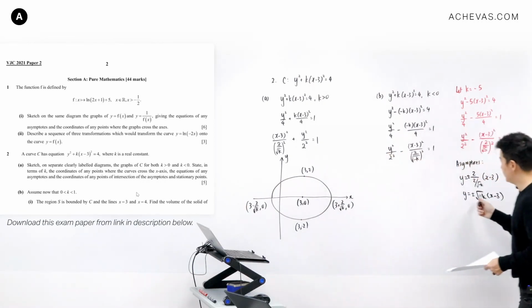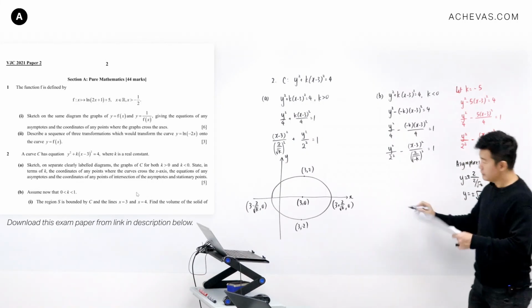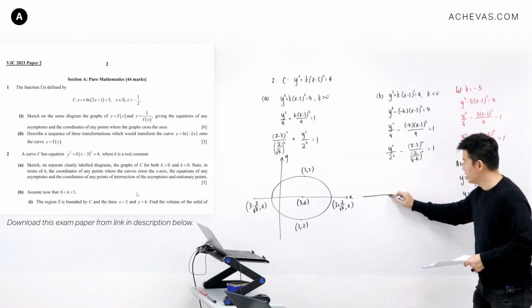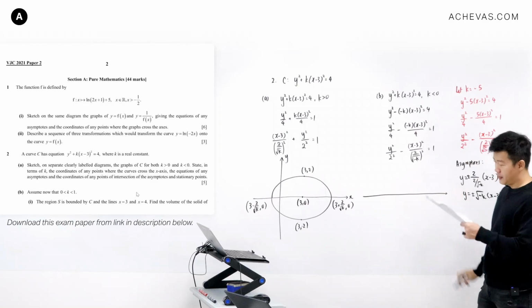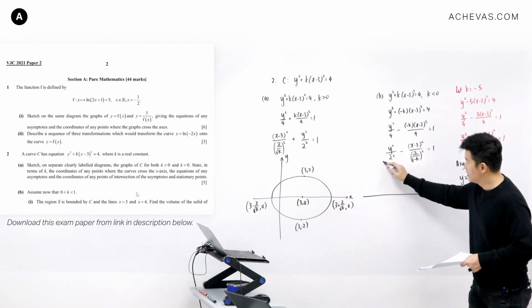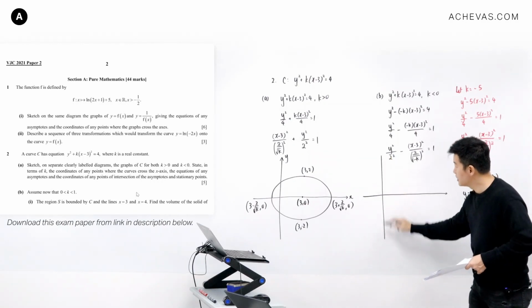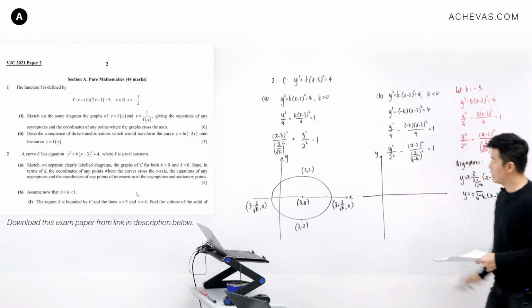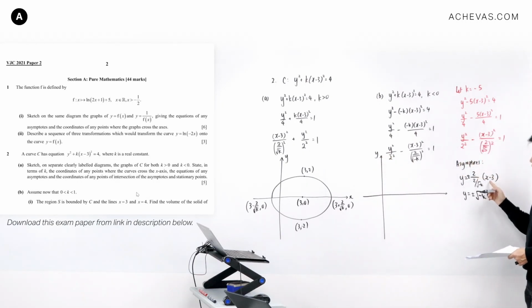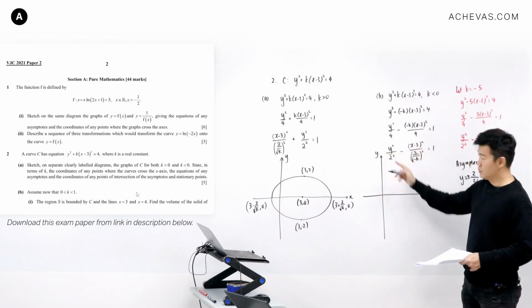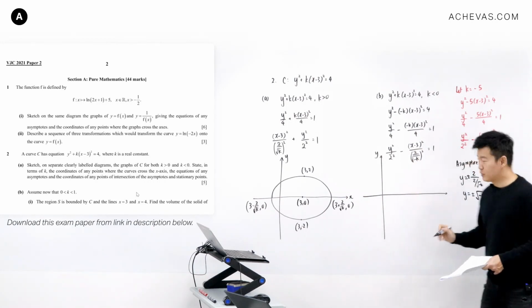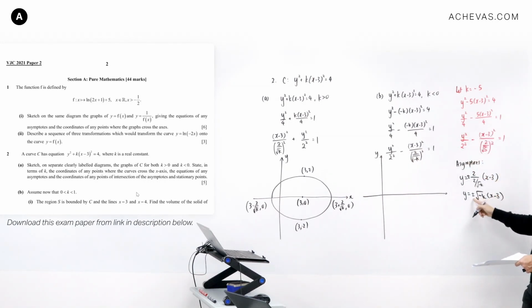Let's sketch this hyperbola with the two asymptotes. So I'm going to sketch in my x-axis here, and my y-axis, let me just sketch it here. The center is at 3, 0. So let's say it is going to be here. The asymptotes will be this, and it will be this plus or minus.